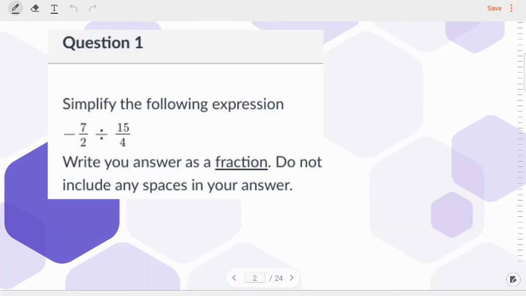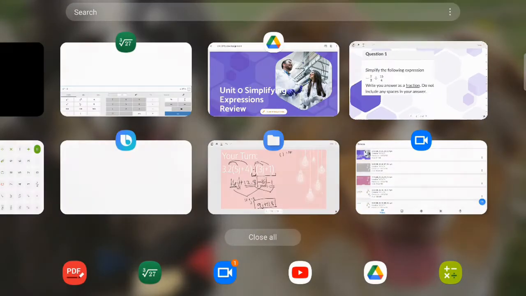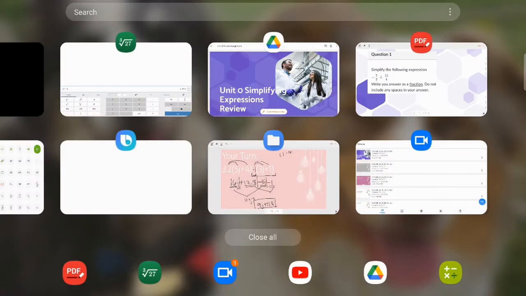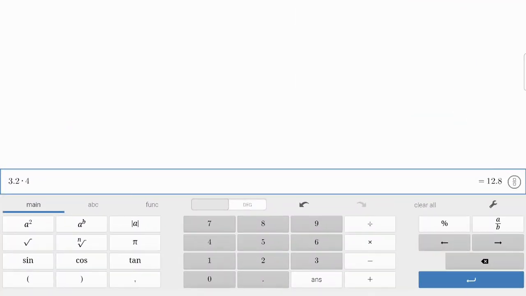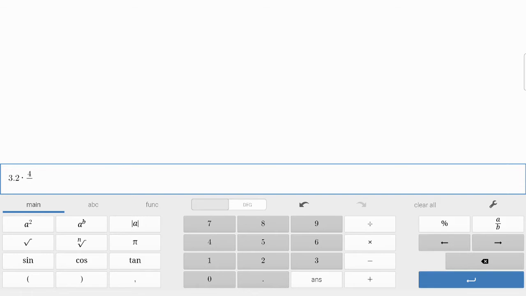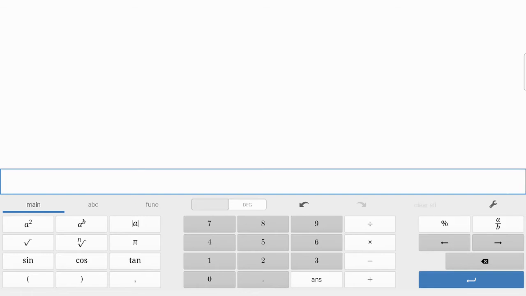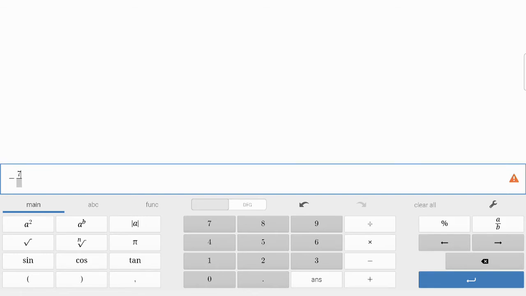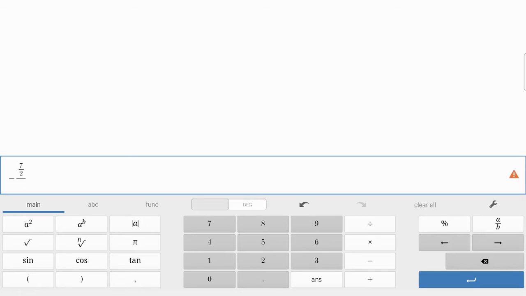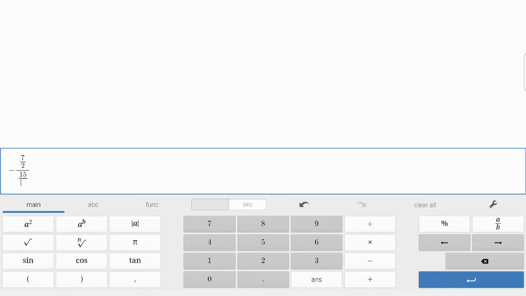Question number 1. Simplify the following expression. -7/2 divided by 15/4. Use your calculator. Go to that Desmos calculator, your handheld calculator. -7/2 divided by 15/4. So clear all. Okay, -7/2 divided by, make sure you arrow out of that fraction, divided by 15/4.